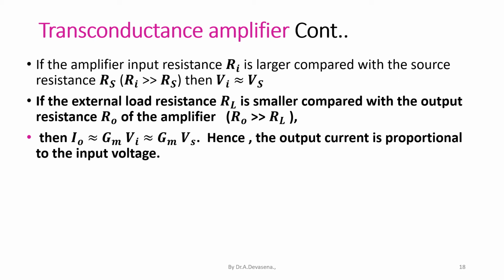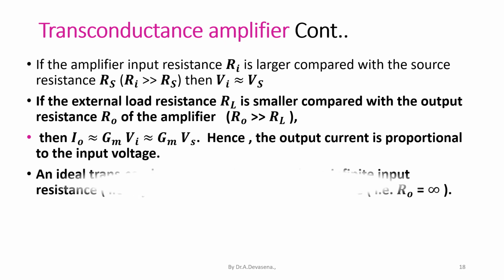Then I0 is approximately equal to GM Vi, which is approximately GM Vs. Hence, the output current is proportional to the input voltage.